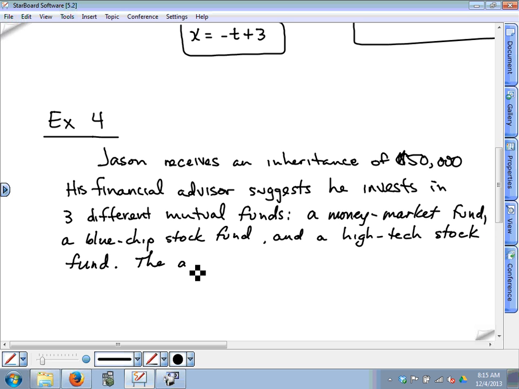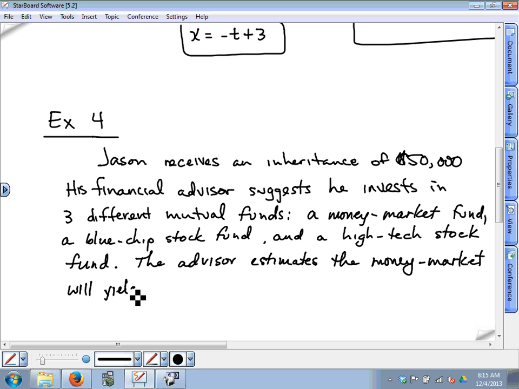So anyway, the advisor estimates the money market will yield 5% over the next year.